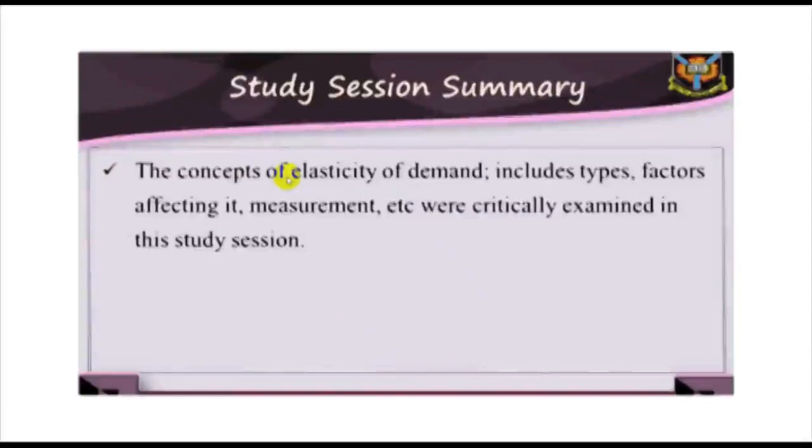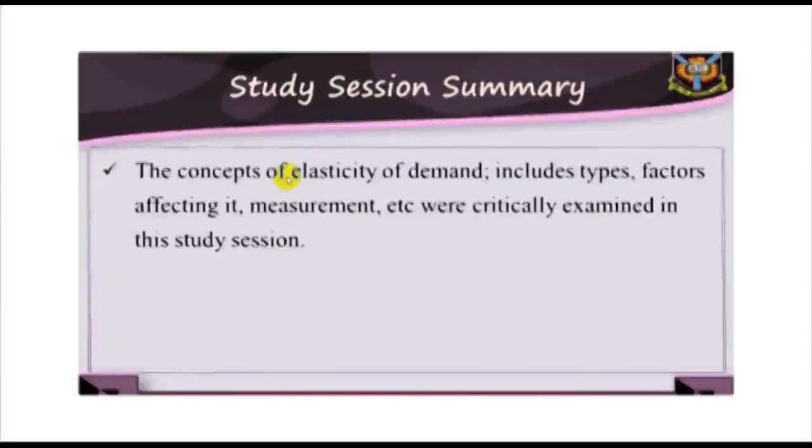Several factors were identified as the determinants of elasticity of demand. These include the availability and cost of close substitutes, the degree of necessity, the period of time, and habit of the consumers.